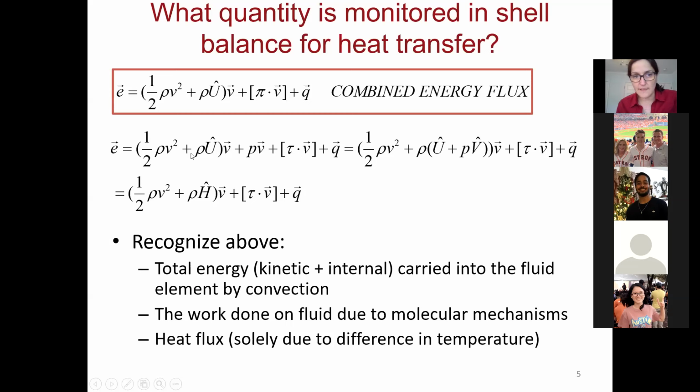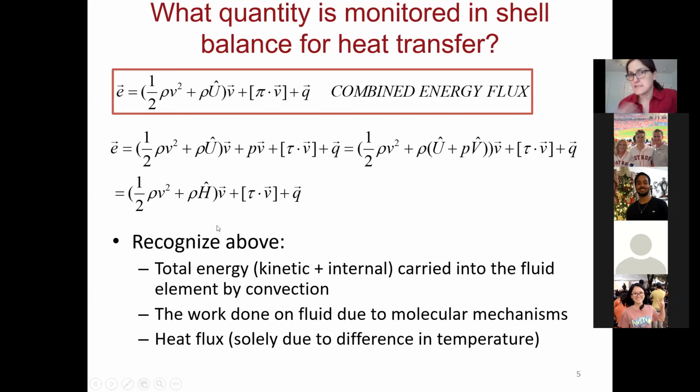So when we have different versions of this, the first version, the one that is actually more convenient for solving problems, is the one that involves enthalpy. So basically the pressure term has jumped in here, and the internal energy plus the pressure times V forms enthalpy here.